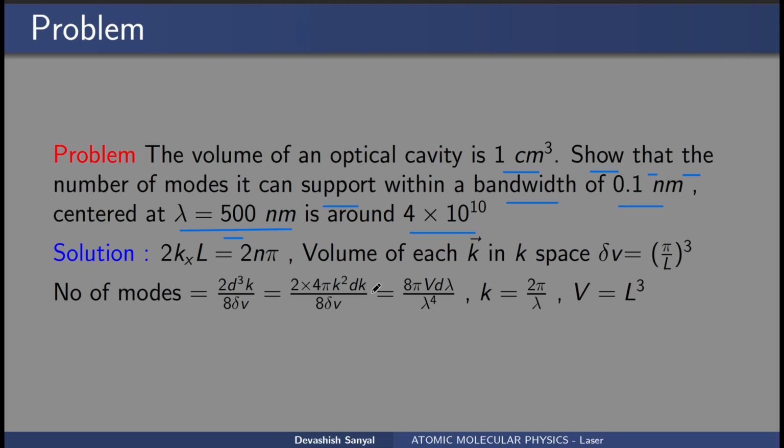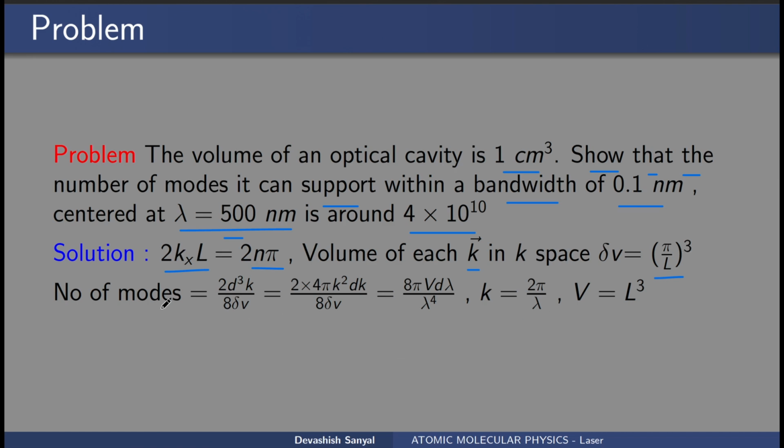We know that in an optical cavity we have reflected rays. If you consider reflection along the x direction, then twice kx into L is equal to 2n pi. This condition has to be satisfied for reflection, and for ky and kz we can write similar relations. So the volume for each k that is supported by the optical cavity is (pi by L) whole cubed.